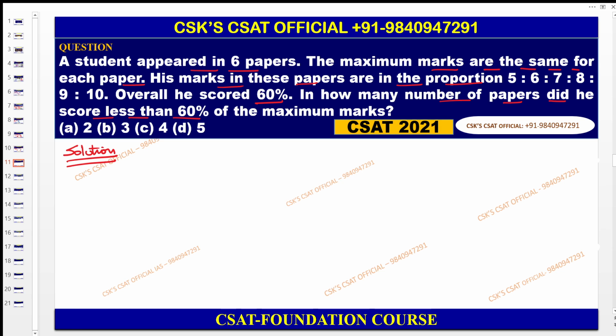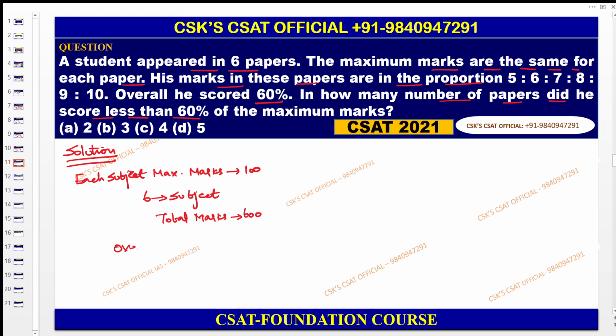So let us see this one. Here you can take each subject maximum mark as 100. So therefore for a 6 subject the total marks 600.